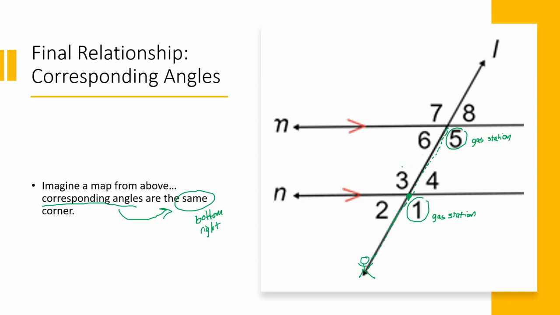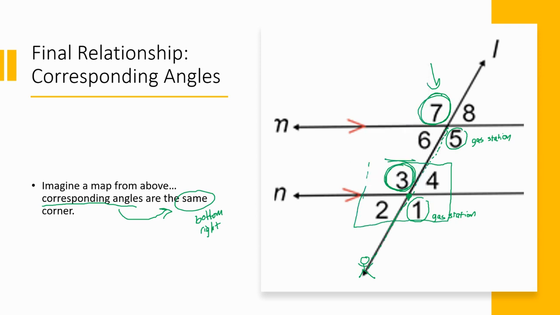And last, just to check your understanding, name the corner that corresponds with angle 3 in the top intersection. You should have chosen angle 7 because 3 and 7 are in the top left. Imagine this, if it helps, some people always struggle with this, it's okay.